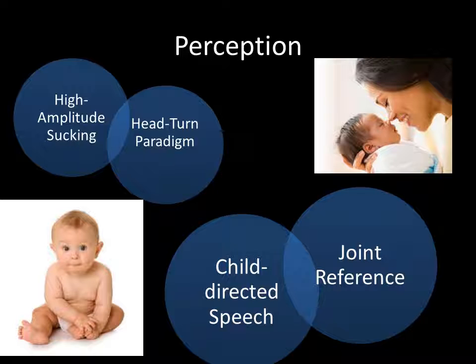Another perception procedure that has been introduced when children are about 6 months old, or old enough to hold their head up, is the head turn paradigm. This is where operant conditioning is used to train children to look in the direction of a toy that lights up, or when a new novel stimulus is introduced.